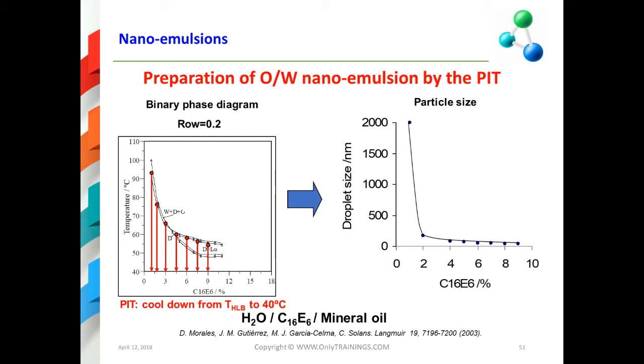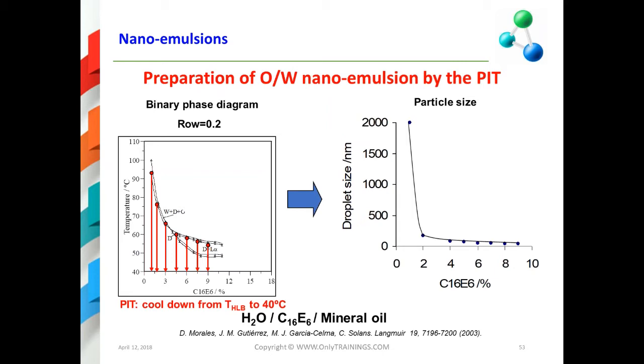In this slide, I will show you a concrete example of a nanoemulsion prepared by the PIT method. The system is composed of water, C16 with 6 ethoxylation, and mineral oil.